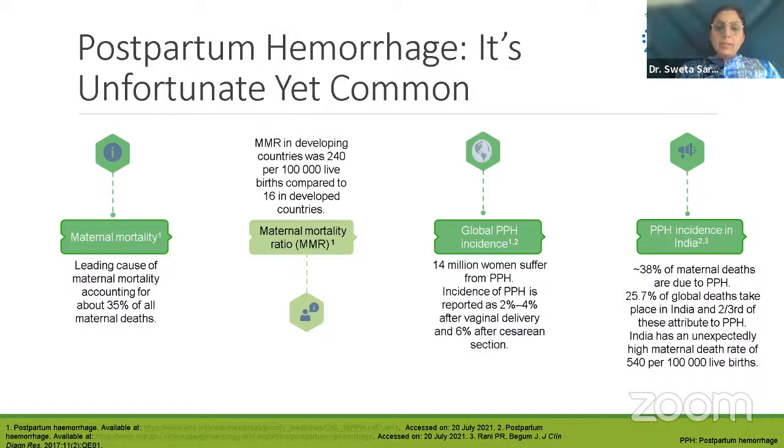The global PPH incidence is 14 million women, and it's 2 to 4% after vaginal delivery and 6% after C-section. In India, 38% of maternal deaths are due to PPH, and India already has an unexpectedly high maternal death rate of 540 per 1,000 live births. So almost 40% of these maternal mortalities are due to PPH. Next slide.